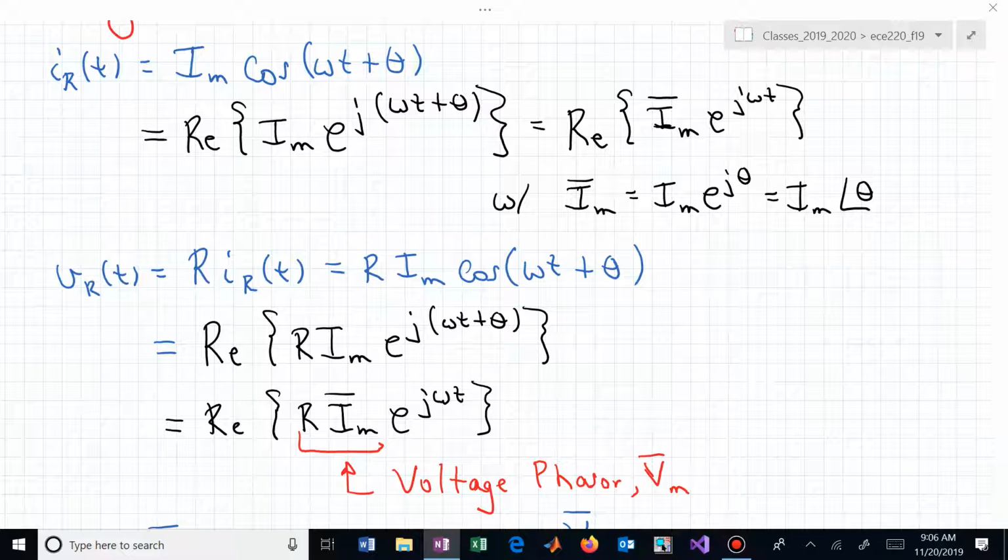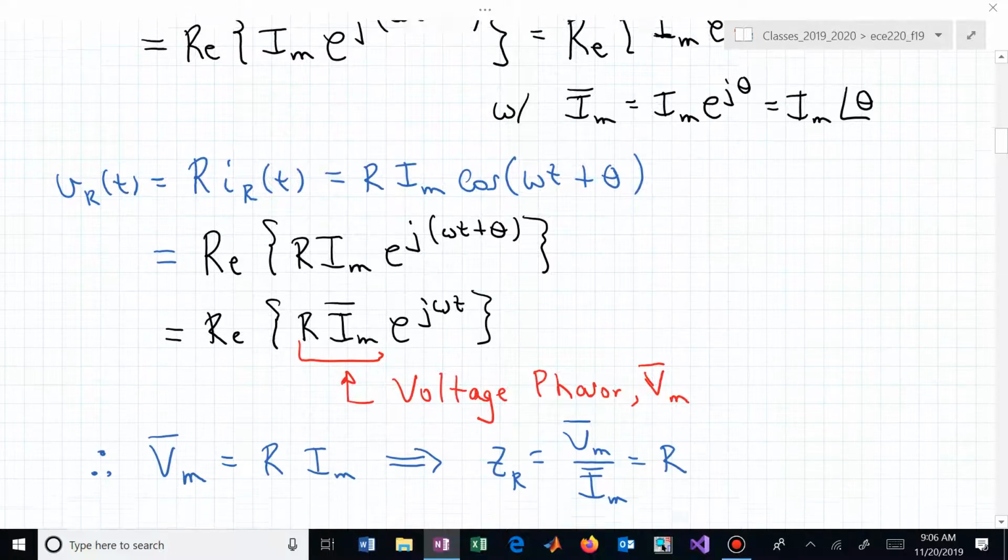And now, if I separate out the rotating phasor from the time invariant piece, I can identify I sub m bar, the phasor of the current. But now I have some voltage phasor that is spinning at the same rate or frequency omega, and that's this R I sub m bar.